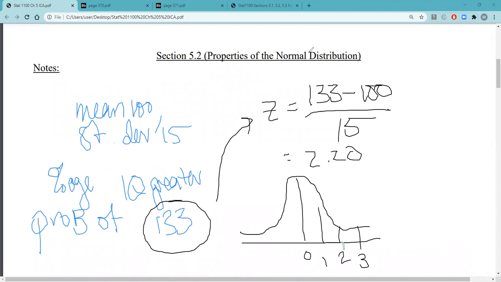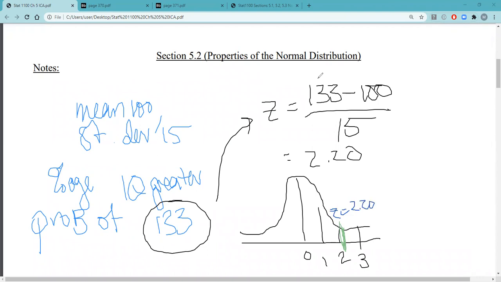So I can see I'm going to be about here. Use a different color. Okay, so we have our z is equal to 2.20.